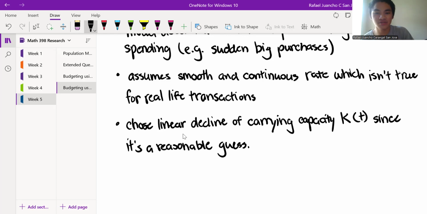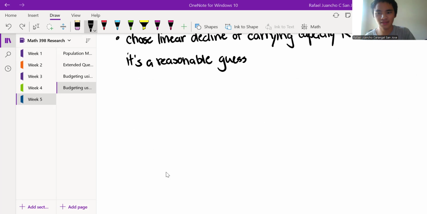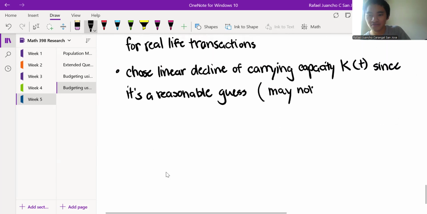I just think it's a reasonable guess for the most part, right? But again, it may not reflect the actual planned rate of consumption. It's also another thing I need to look into.